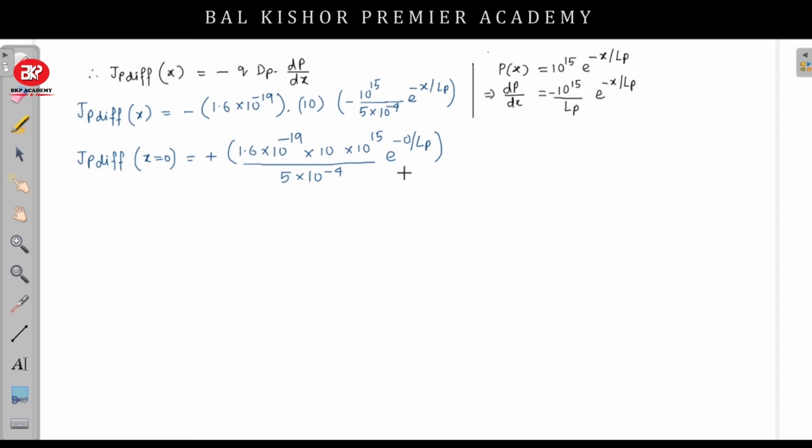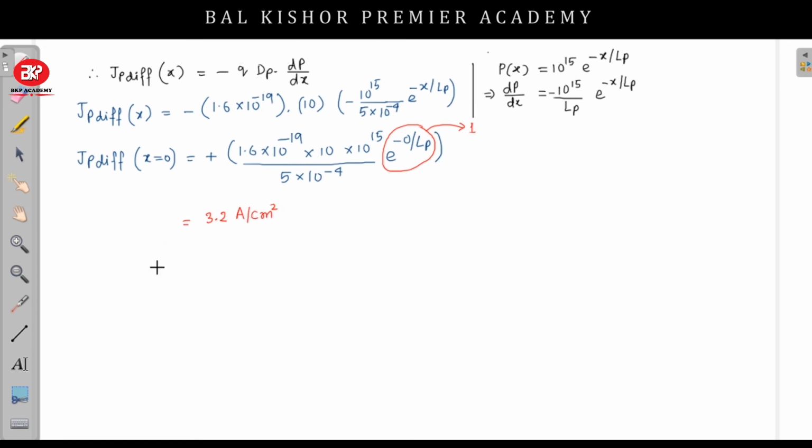This term becomes 1. If you calculate, you will get 3.2 ampere per centimeter square.